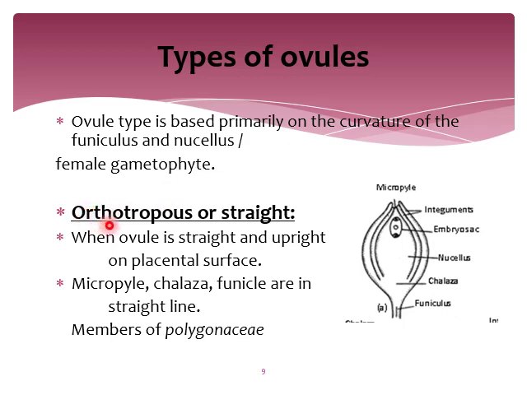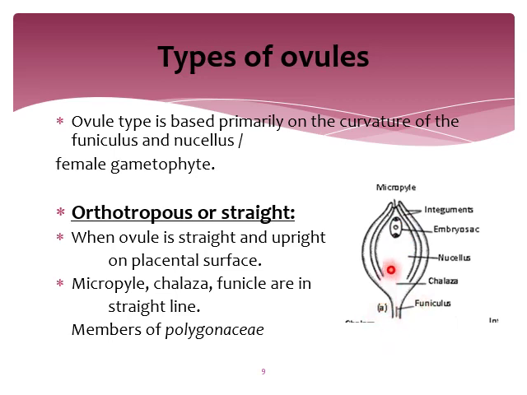The first type is orthotropous or straight ovule. As the name indicates, in this case the ovule is straight. Here you can see the ovule is straight and upright on placental surface.